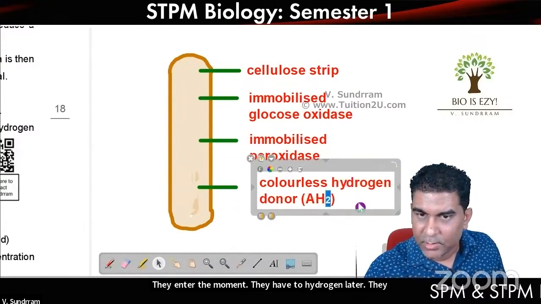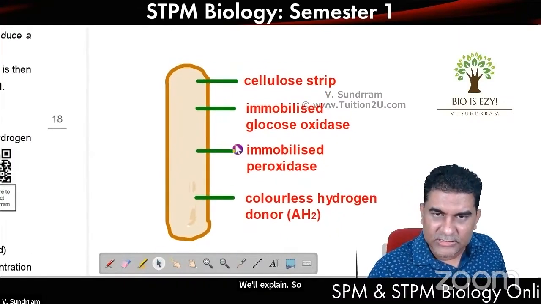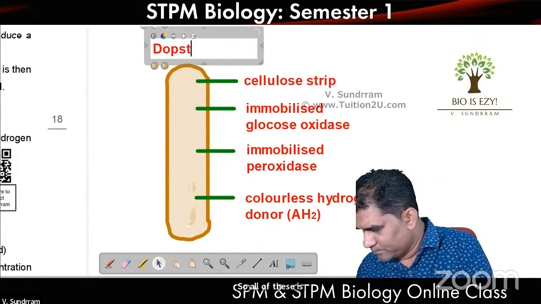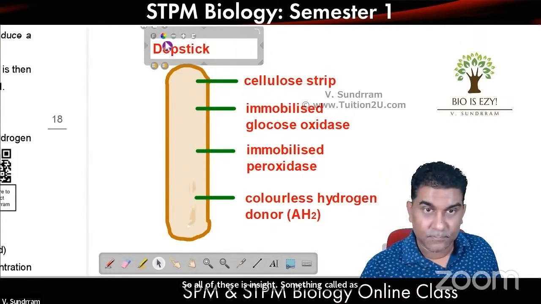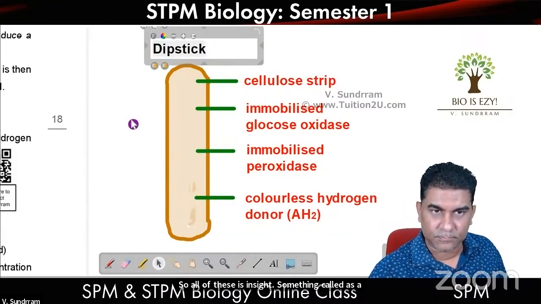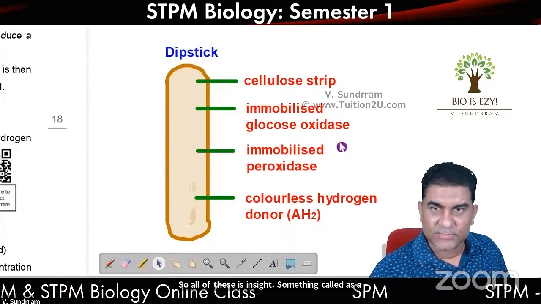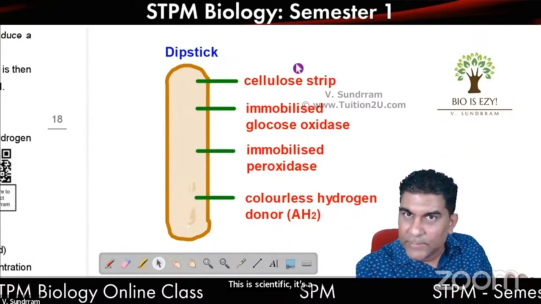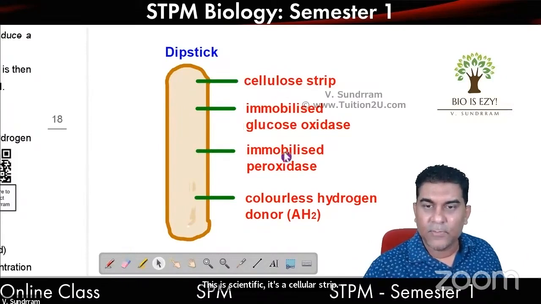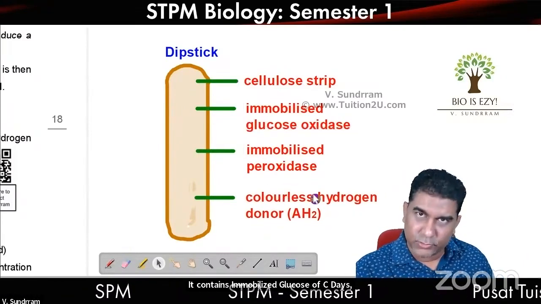So all of this is inside the dipstick. It's a cellulose strip containing immobilized glucose oxidase, immobilized peroxidase, and colorless hydrogen donor AH2.